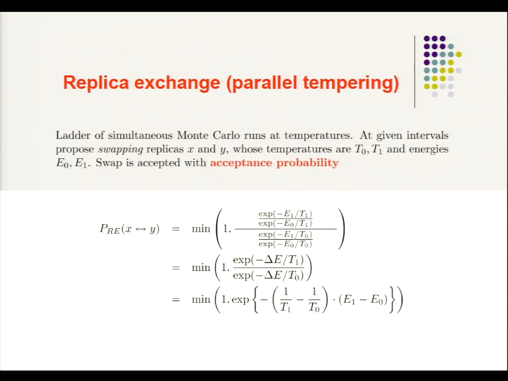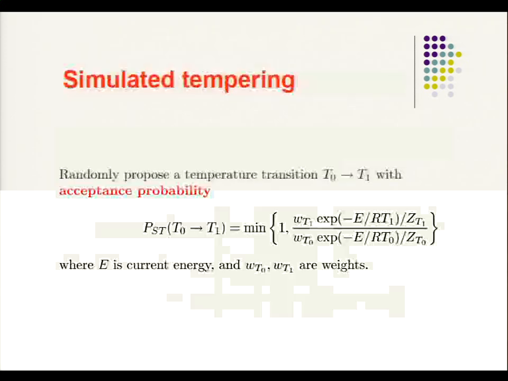Replica exchange involves a ladder of different temperatures, where independent runs of Monte Carlo are taking place, and the different temperatures are swapped according to a probability of swapping replicas, which is the minimum of 1 and e to the power of a delta term.